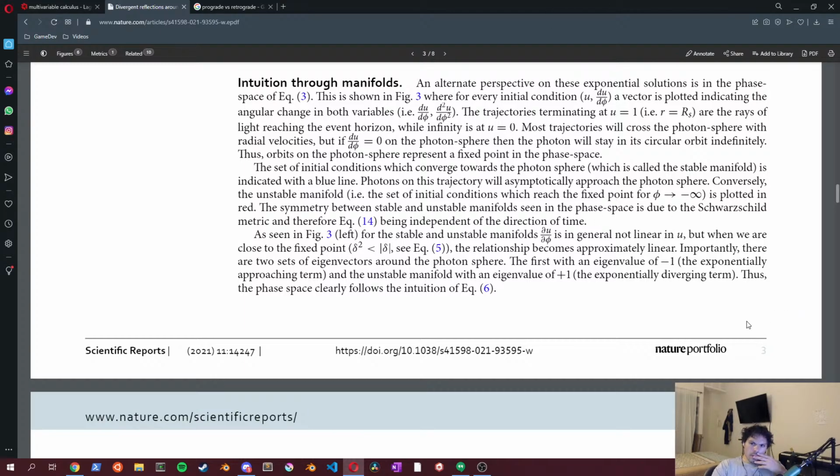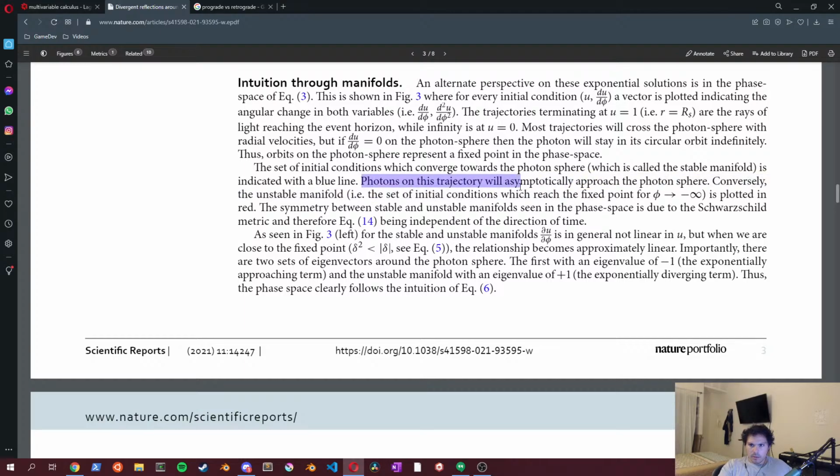So yeah, I don't totally understand what the difference between the unstable manifold is. It seems like you reach the fixed point, but with phi equals minus infinity. So that means you get there after going around infinitely many times, but they also said the other one, you only get there asymptotically as well.